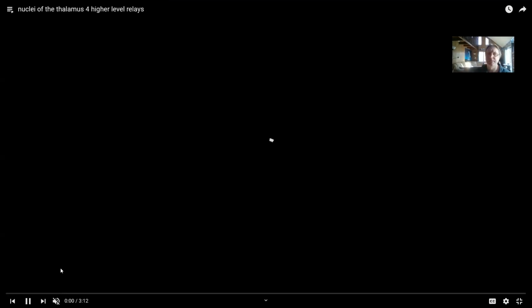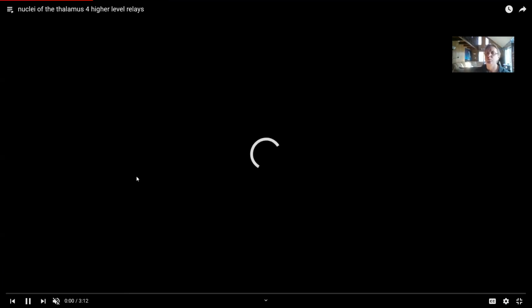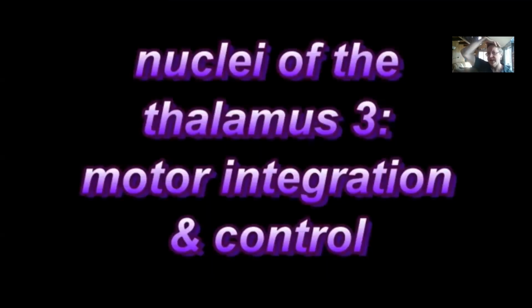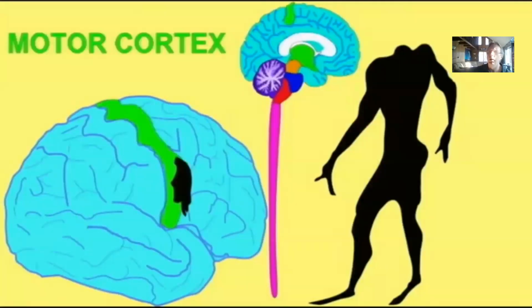Another very important aspect of the thalamus is its role in motor function. Very often when we think of motor function, we don't think of the thalamus because we're thinking of the motor cortex. This motor cortex here says, all right, take a voluntary movement of your arm.